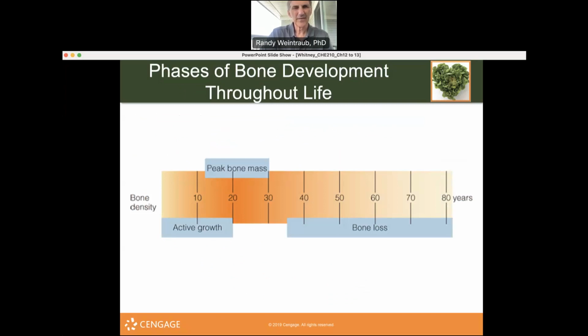Calcium is very important throughout the life cycle for different reasons. Early in life for active bone growth, bone mass reaching max around 20 years, and then starts declining, and bone loss is fought throughout much of life, so the intake of calcium is extremely important.